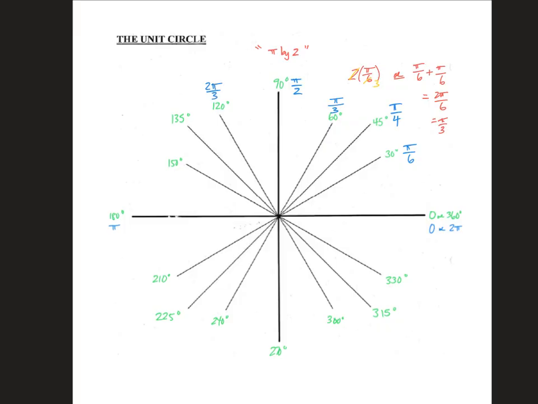Now, we could also use a related acute angle. I'm just going to label something on our graph: to get to 120 degrees, that means that we are 60 degrees short of our x-axis. And a 60-degree angle in radians is a pi by 3.